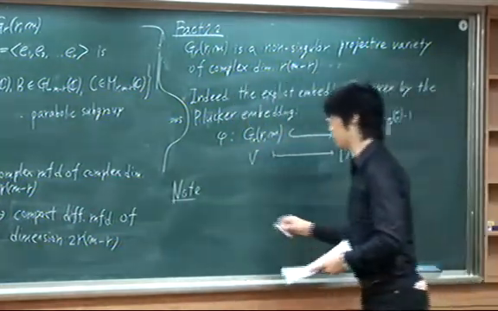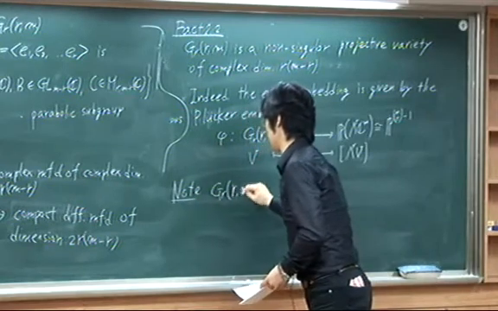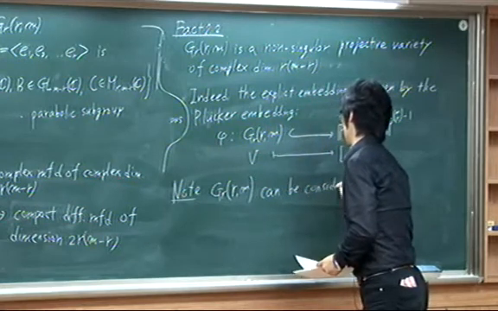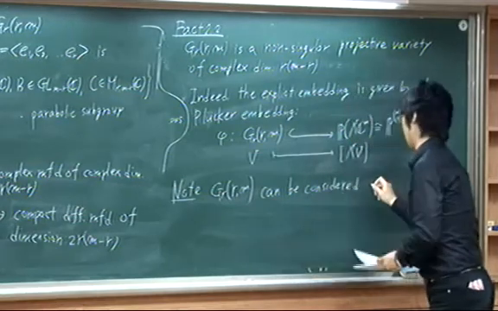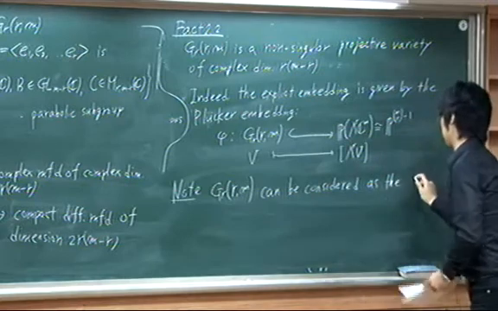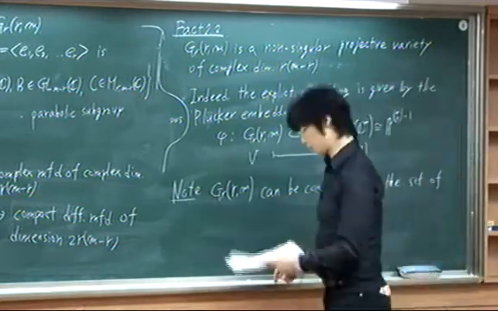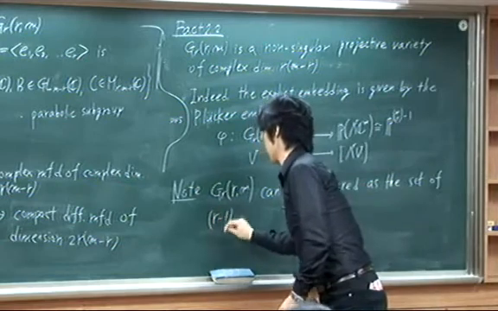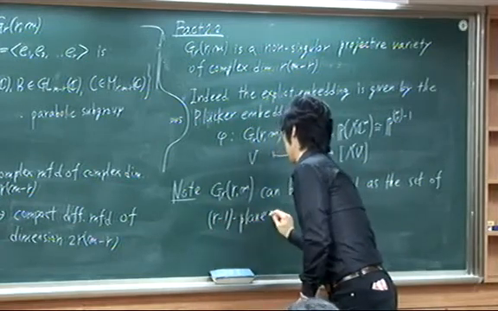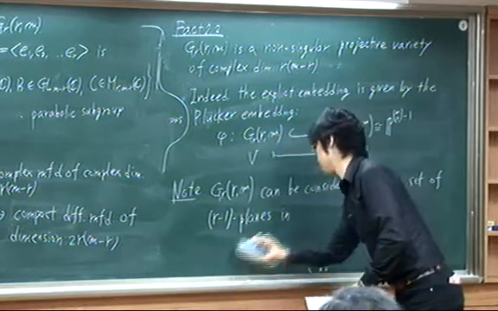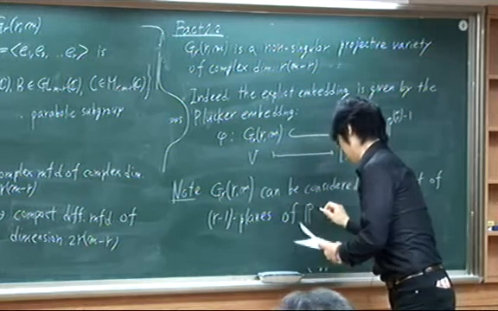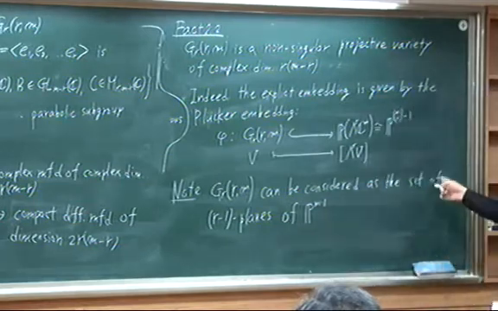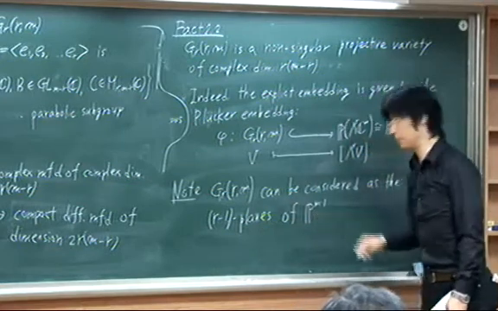Note, the Grassmannian can be considered as the set of (r minus 1)-planes in projective space; sometimes we think of the Grassmannian as the set of (r minus 1)-planes of P^(n-1).